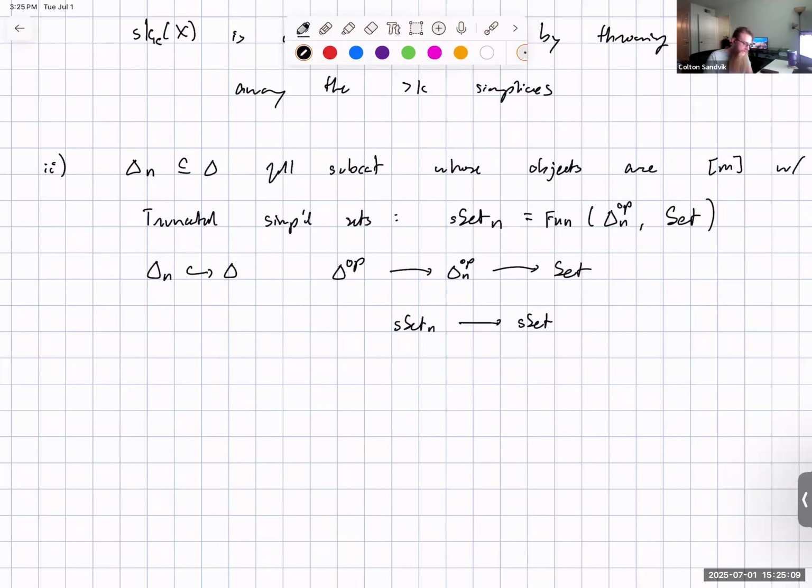And it has a left adjoint. So maybe I'll call this i star or something, and it admits a left adjoint i shriek, but it also admits a right adjoint i star.